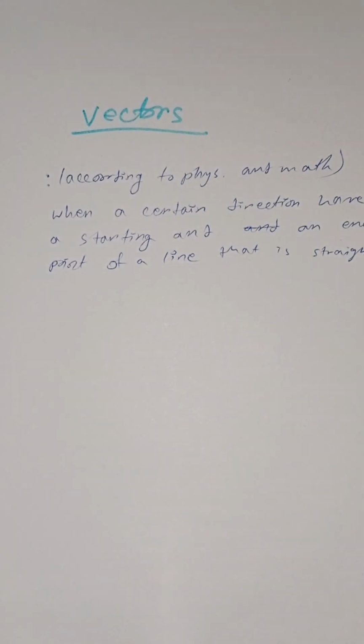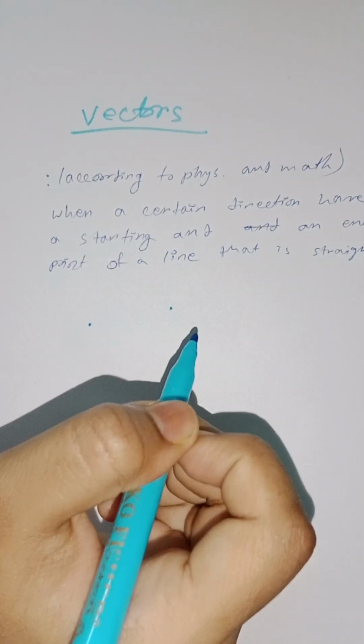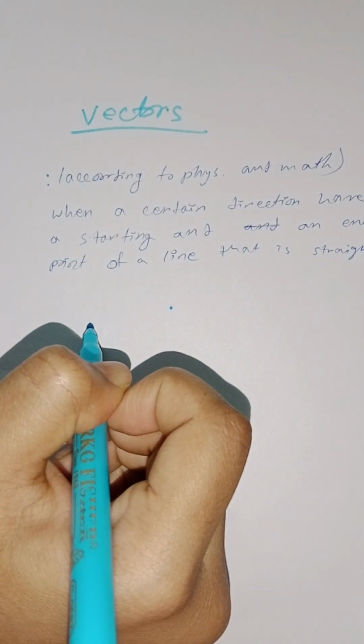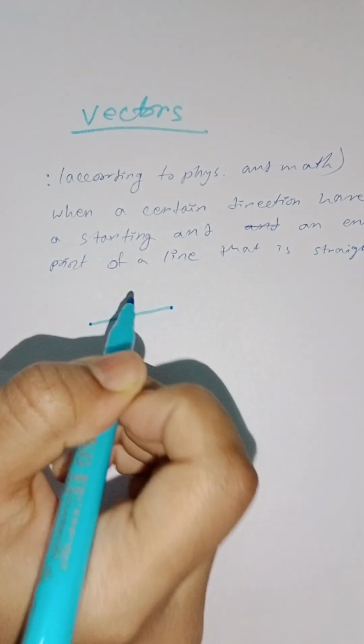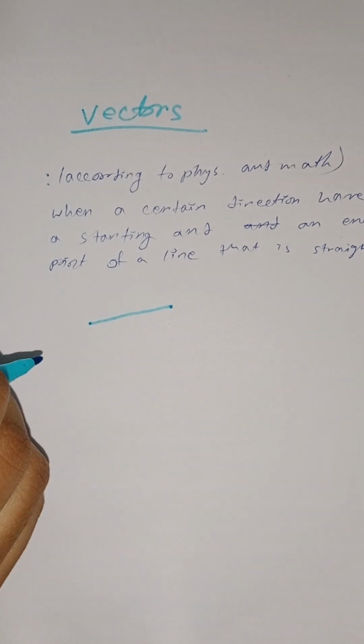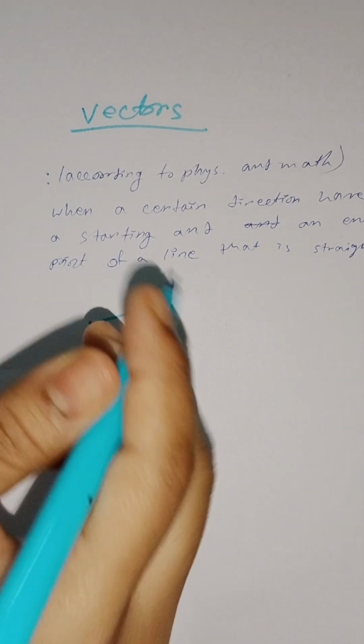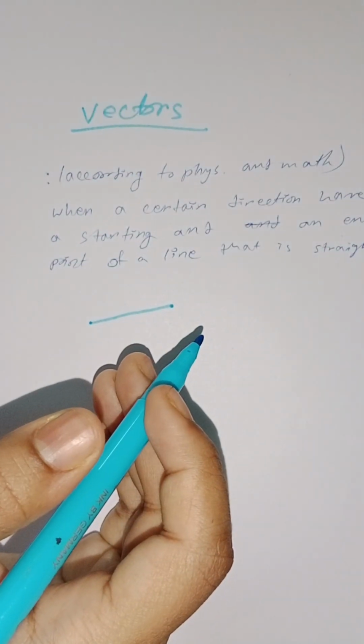So suppose there is this line that is starting from here, and then the line is ending there. So what we do is we extend these two lines. Now, this cannot be just a straight line, and we cannot call it a vector. Why? Because there isn't any direction that I'm showing.